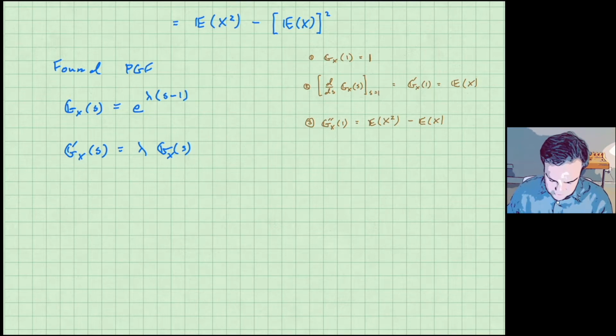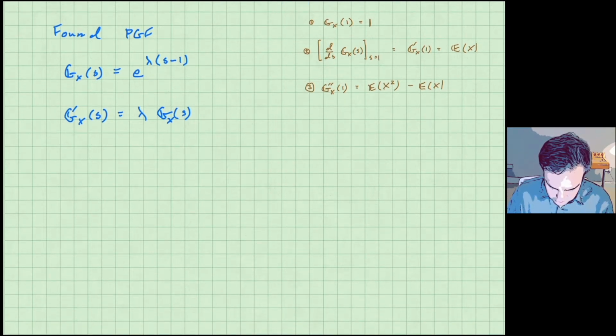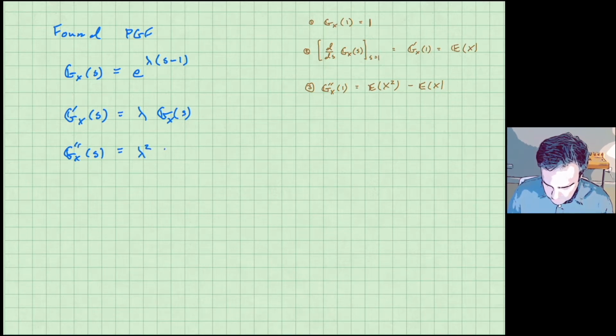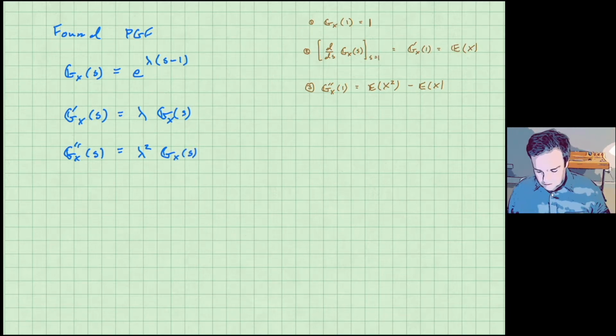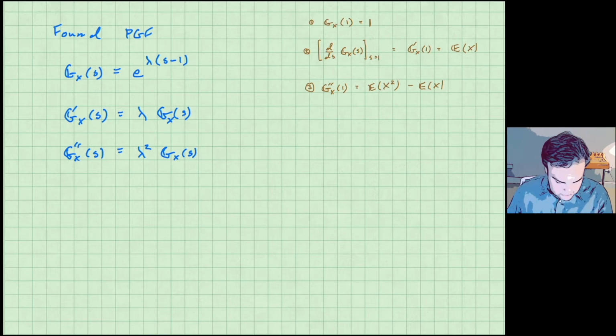And now this makes taking the second derivative easier because we've already done the first derivative. Right, and so this is then just lambda squared times the original function. Like that. And you can see how this goes. Every next derivative would bring down another power of lambda. All right, so these are the tools we'll need to use the proposition.